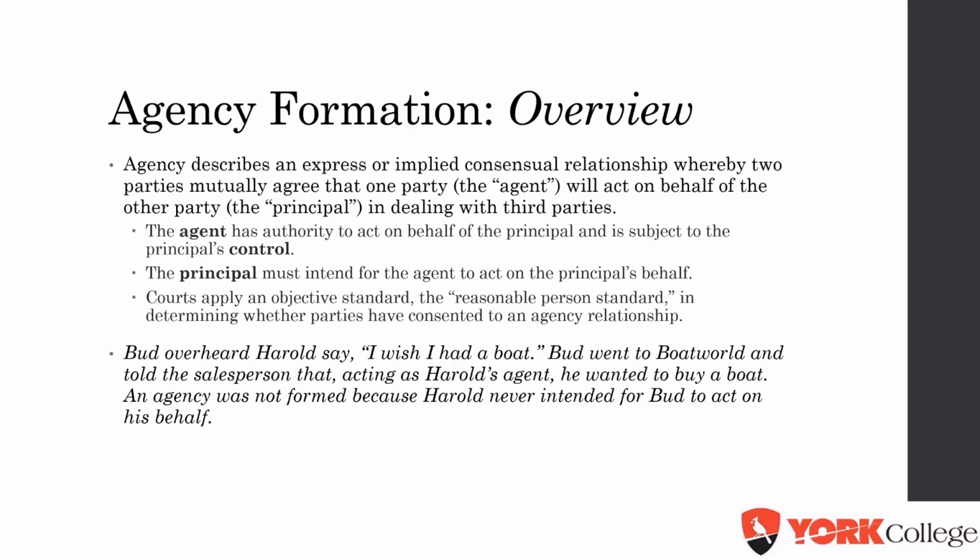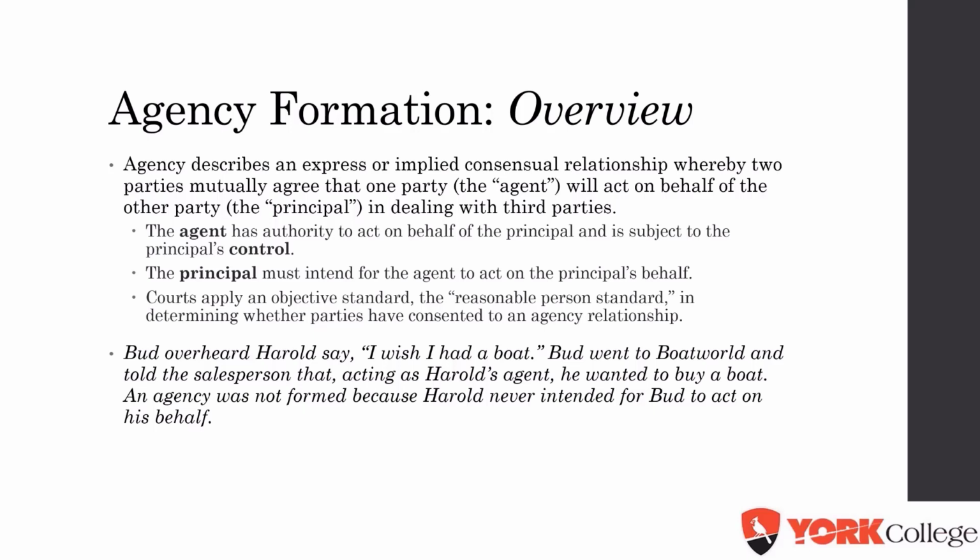The principal, in this case, must intend for the agent to act on the principal's behalf. So here we see that there has to exist an intent on the part of the principal to actually delegate authority to an agent who is subject to the principal's control while the agent is acting on behalf of the principal.